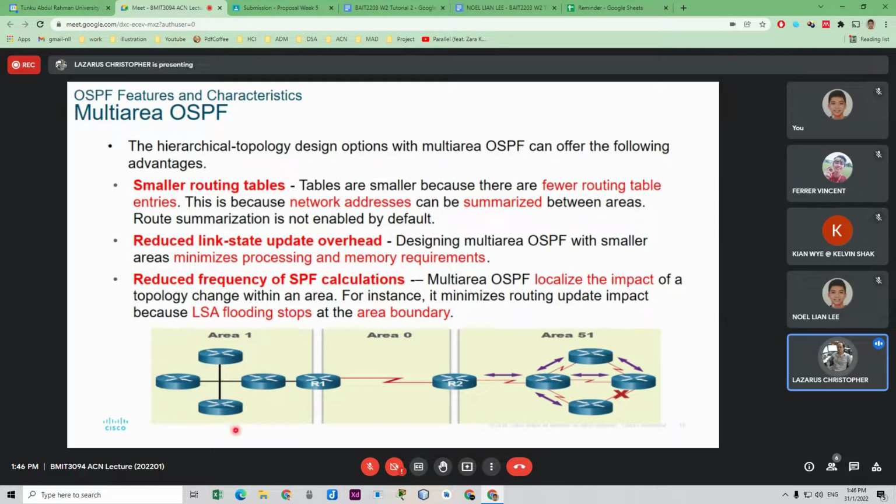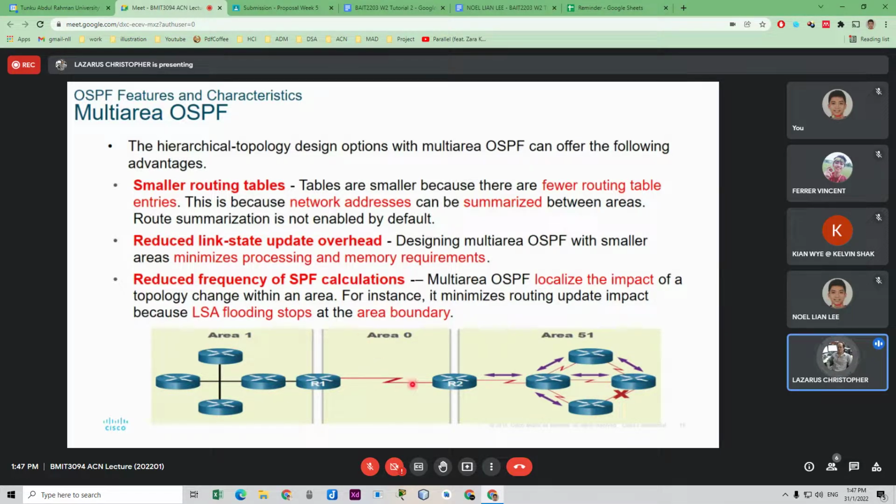So now I can divide or segment my entire network into other areas as well. So yes, in this example, area zero does connect area one and 51. But I also think of it this way: area zero was there initially, and then as I expand, I create other areas like area one, area 51.